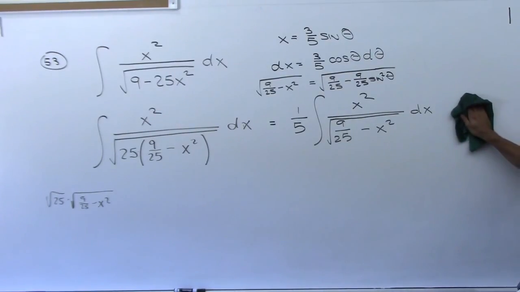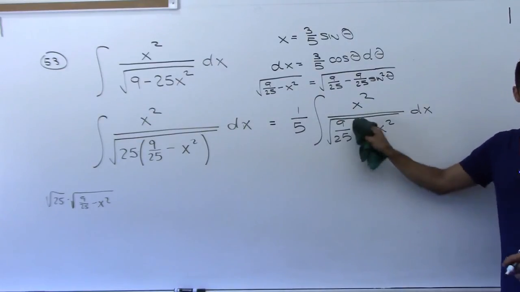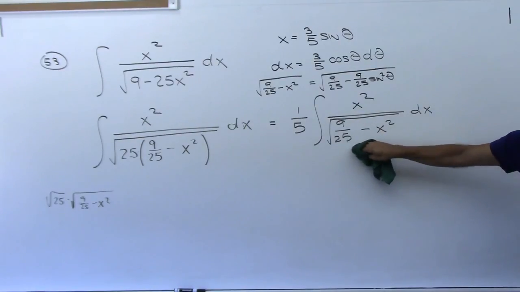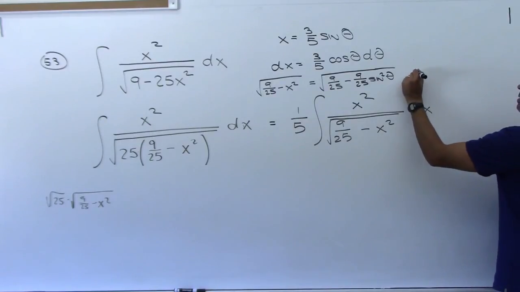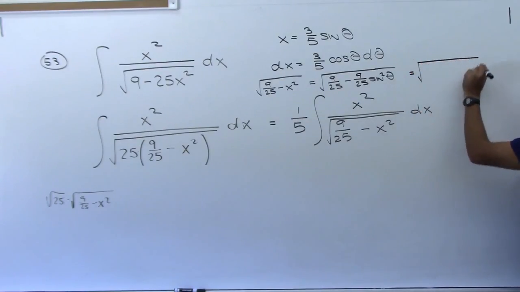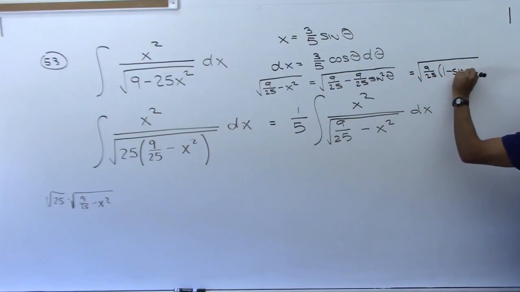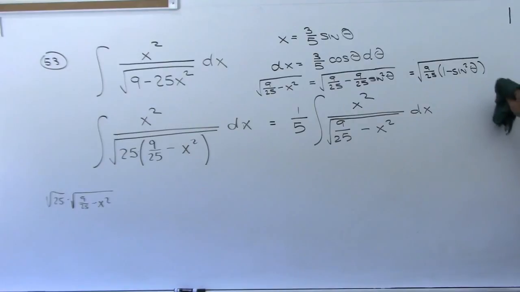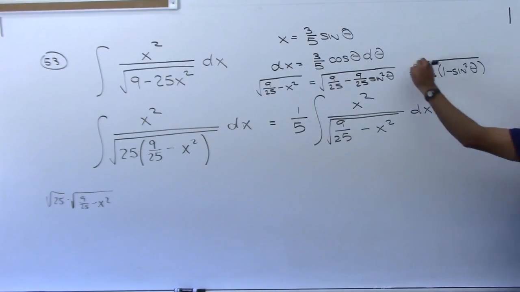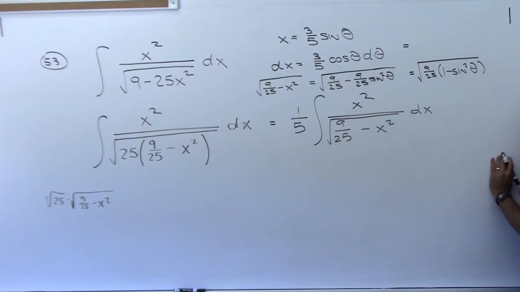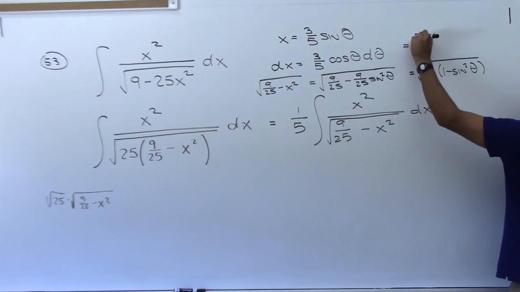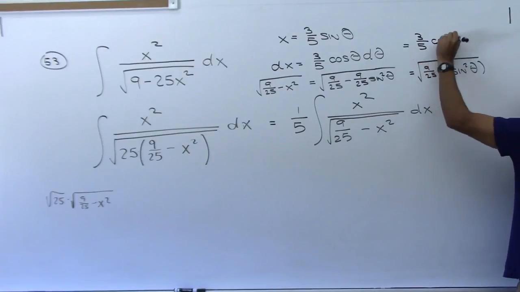I'm going to erase this, but y'all are going to have to remind me what it was, because that's the integral I'm going to be working off of, right? 9 over 25 minus x squared. So, let's see, 9 over 25, then 1 minus sine squared theta, which turns into cosine squared theta, right? And then, I guess I'll just keep it here. So what is this? At the end of the day, after the root and everything. 3/5 cosine theta.